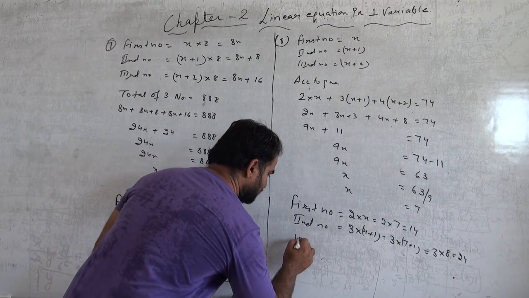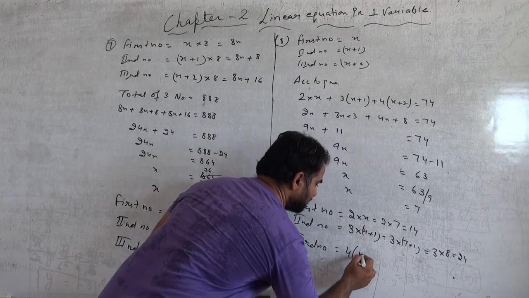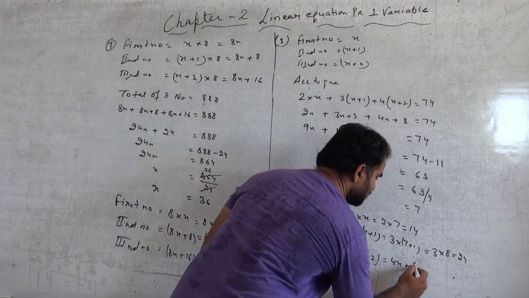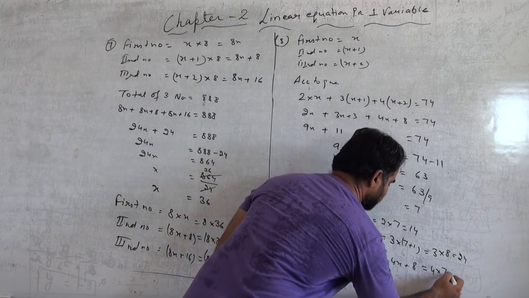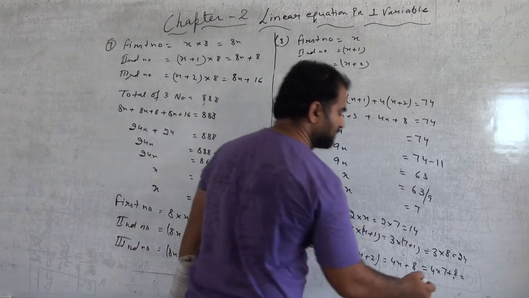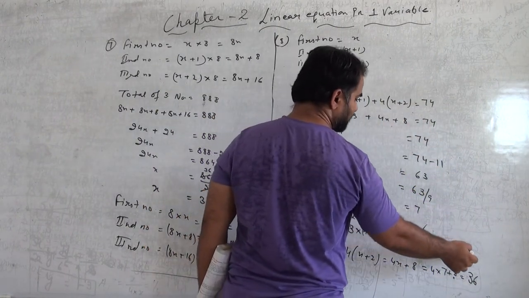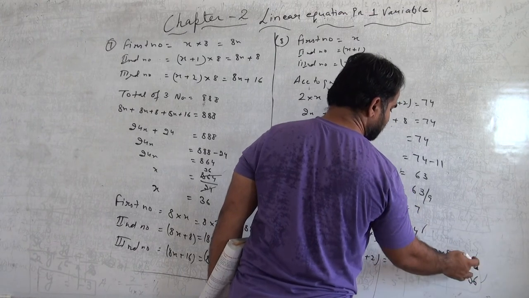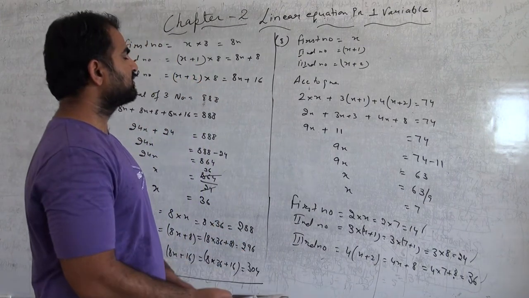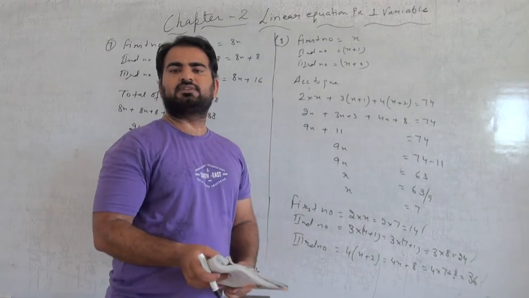And third number will be 4 multiplied by (x plus 2) equals 4x plus 8 equals 4 multiplied by 7 plus 8. 7 fours are 28, 28 plus 8, 36. It will be 36. So the three numbers are 14, 24 and 36. Okay, these are the three consecutive numbers which, when multiplied by 2, 3 and 4, give a total of 74.